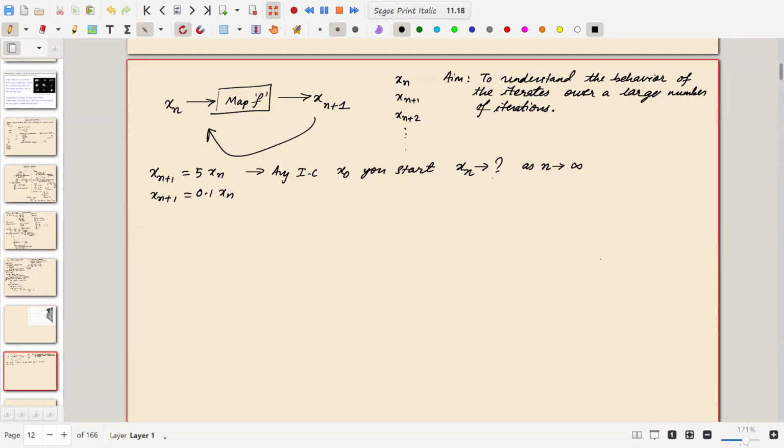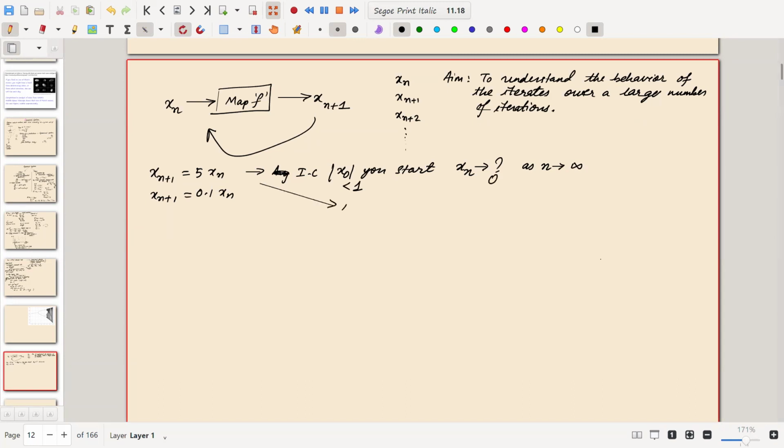If you take initial condition 0.1, what will happen? It will be 0.5, then 0.25, 0.125, like that. It will go to 0. So for any initial condition less than 1, it will go to 0. I think I made it wrong.